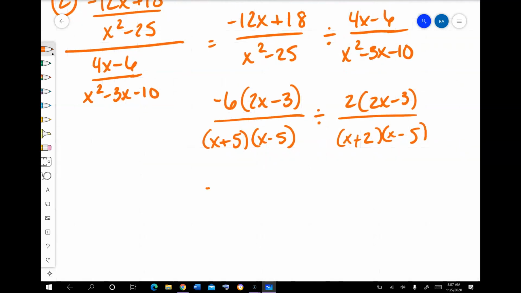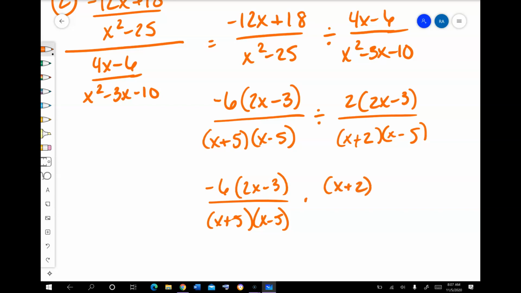You keep the first fraction, change the second one to multiplication, and then flip that second fraction. So the denominator becomes the numerator, and the numerator becomes the denominator.